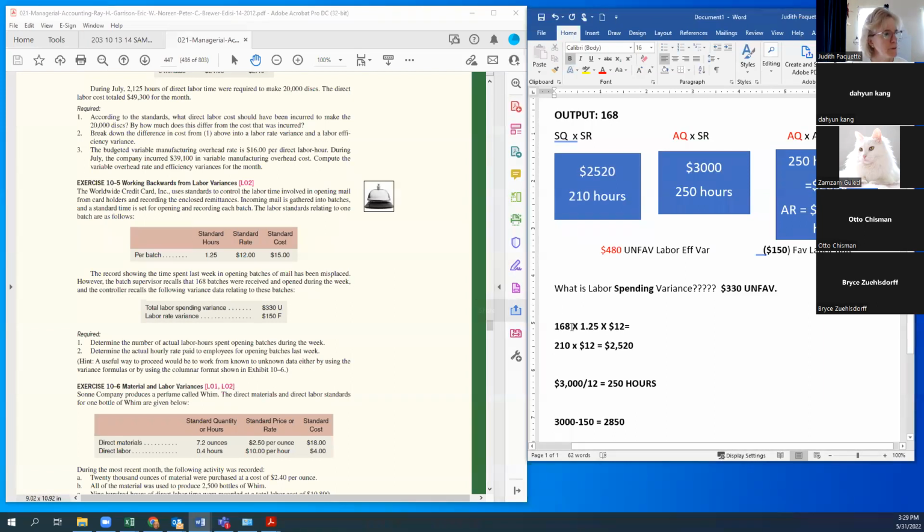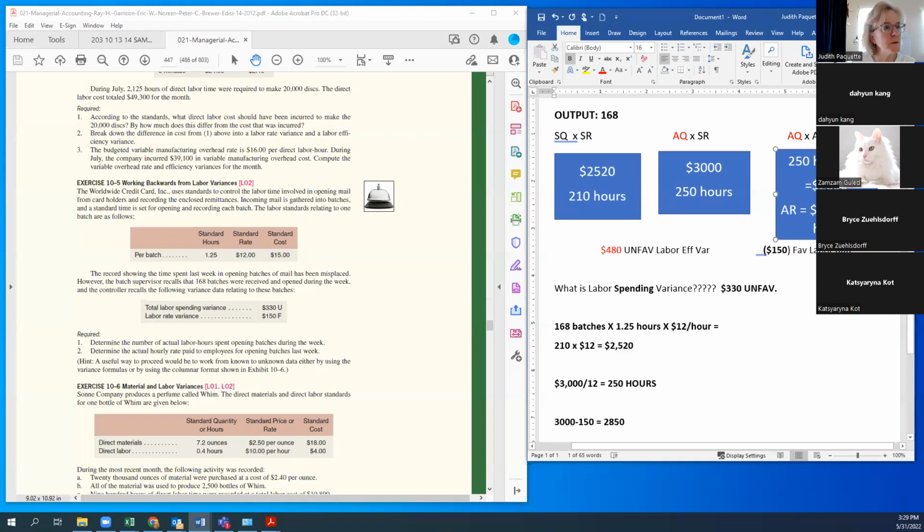So we came down here and we said 168 batches times the standard hours, an hour and a quarter, and the standard rate. And that's how we got the 2520. Then once we knew the unfavorable was $480, we knew what the total was, and we could back into the actual hours worked. So then once we know the actual hours worked, we say 250 times X.